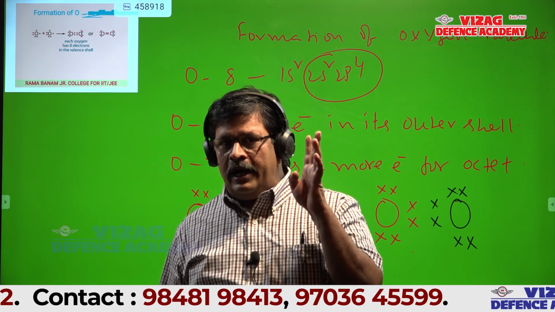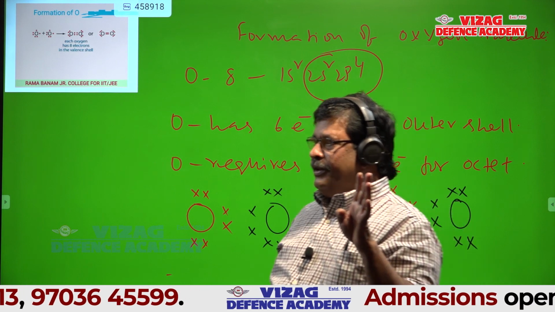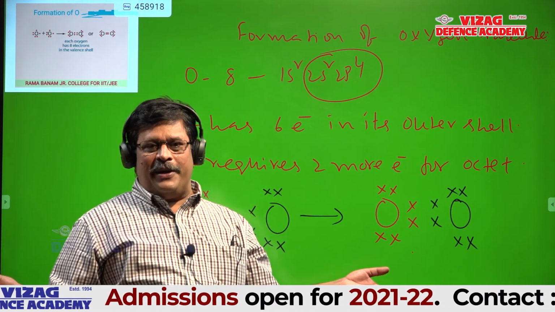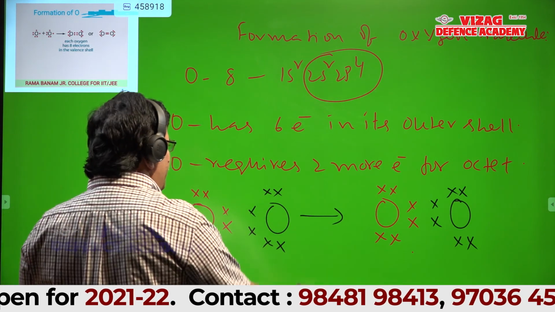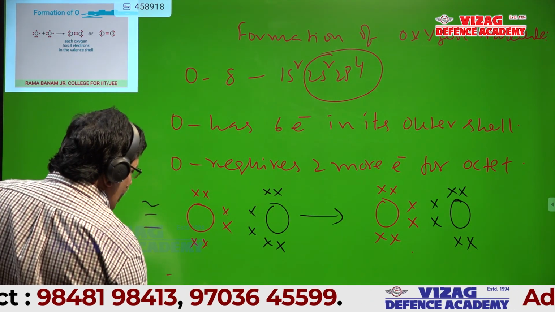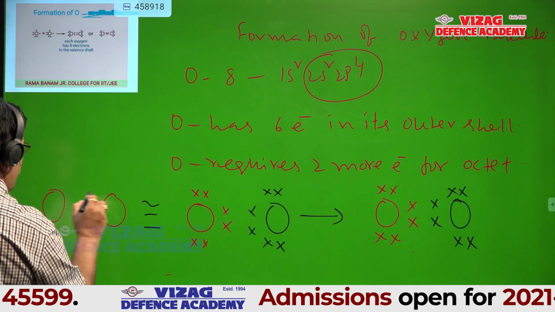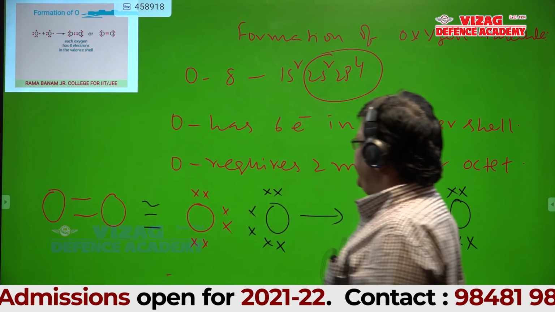How many total electrons are involved in the bonding? 4. If it is 2 electron pairs, it means 4 electrons only, right? So there is a double covalent bond between the two oxygen atoms. Is it okay, students?